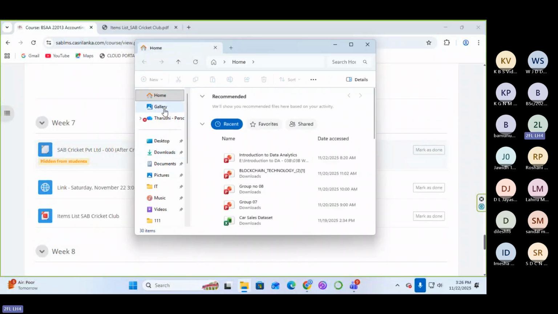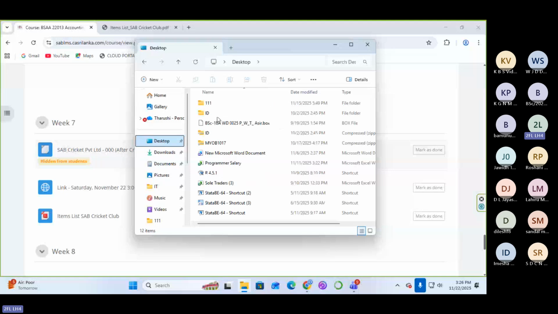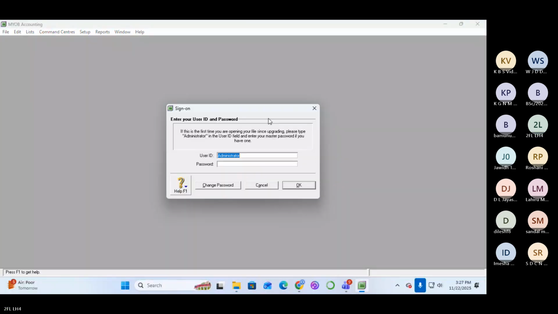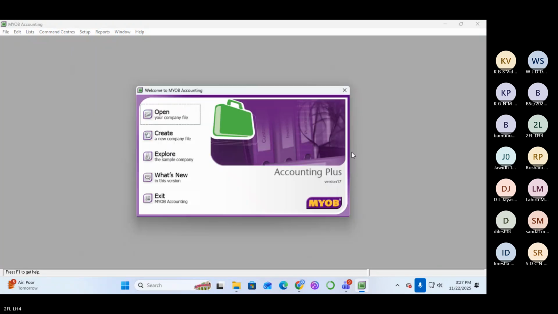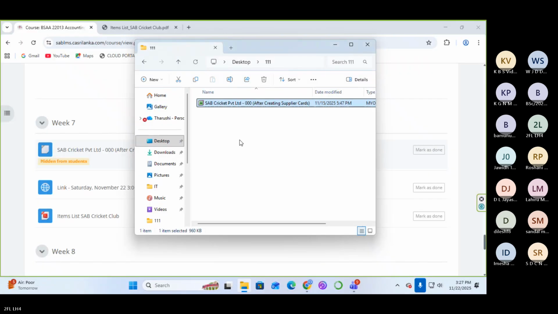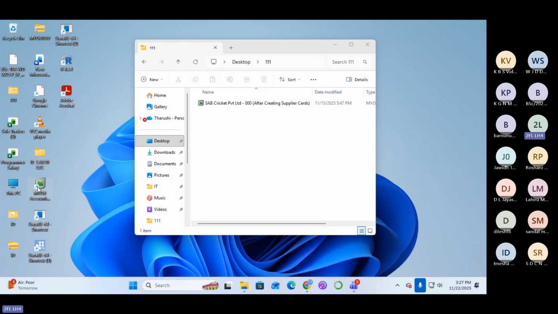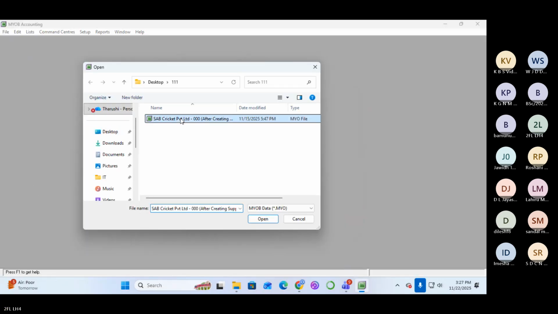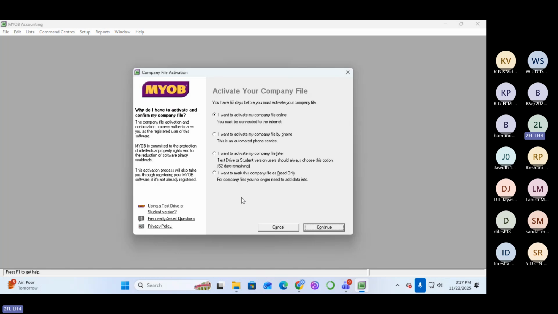Make sure you are having the right company file in your folder. If it's the correct company file, you should have 62 days remaining.